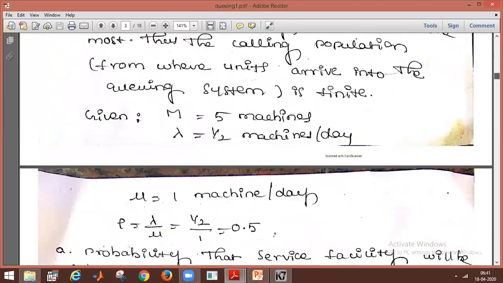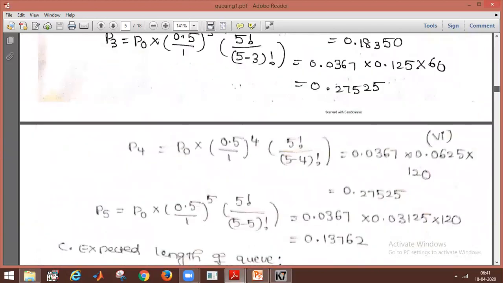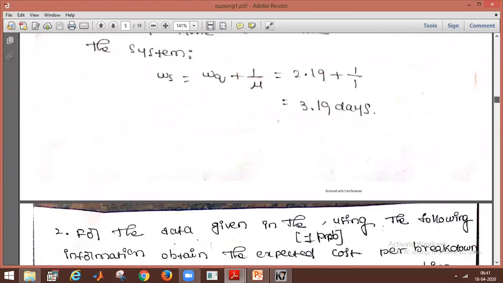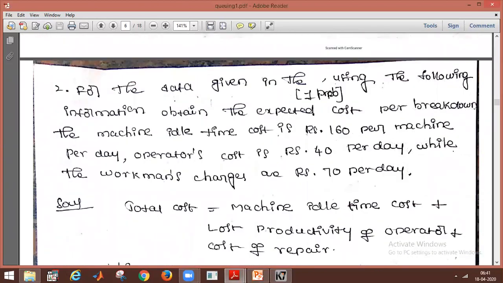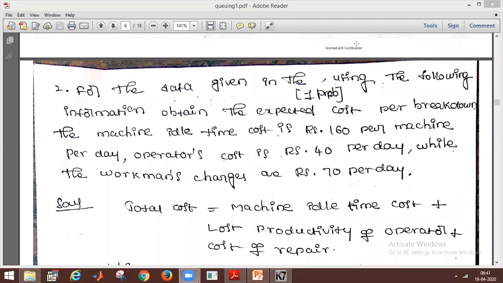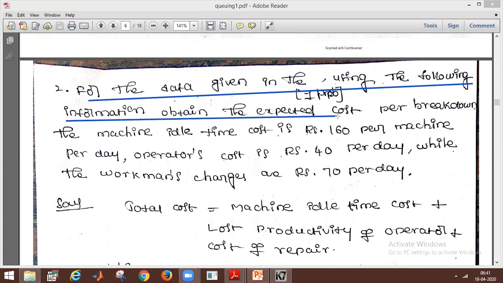In the second problem, you have to see the second problem. The same first problem information you have to take. For the data given in the first problem, using the following information, obtain the expected cost per breakdown.